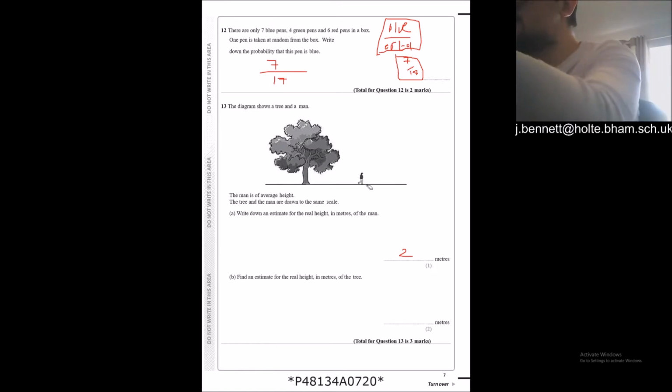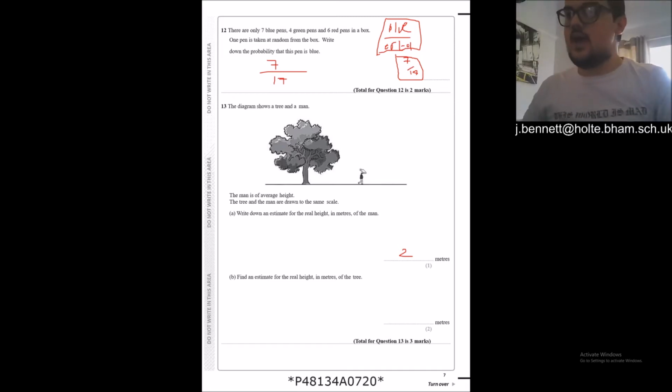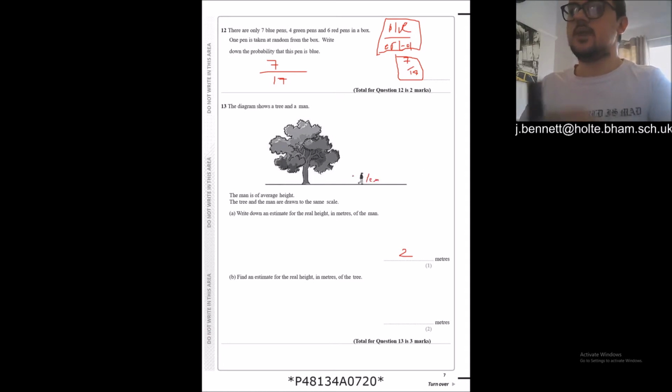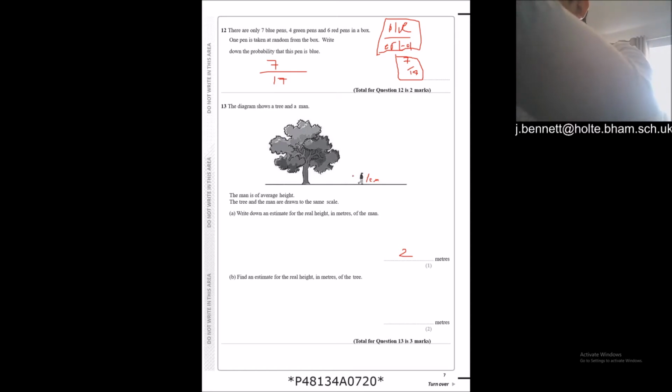So if I put it to the screen, it says that the man is about 1.1 centimeters tall. So we're going to round that down. We're going to say he's 1 centimeter tall. Then we're going to measure the tree in height. So the tree is about 6.5 centimeters tall.